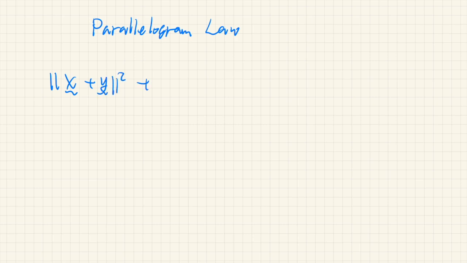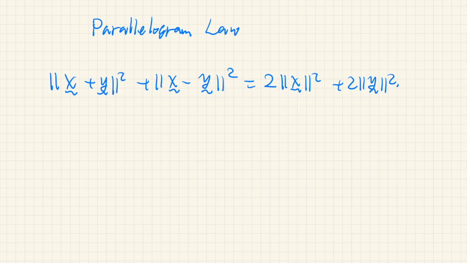Finally, let me give the parallelogram law. That is this. The norm squared of x plus y plus the norm squared of x minus y is equal to 2 times the norm squared of x plus 2 times the norm squared of y.